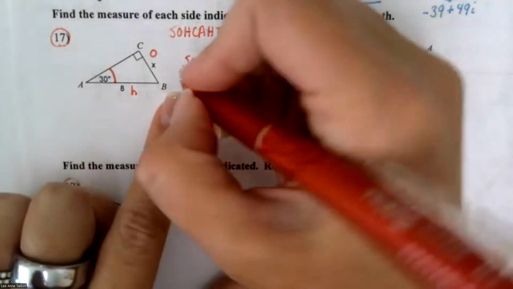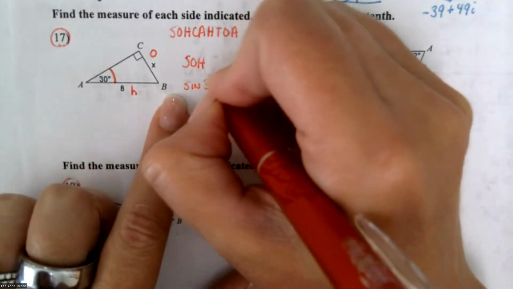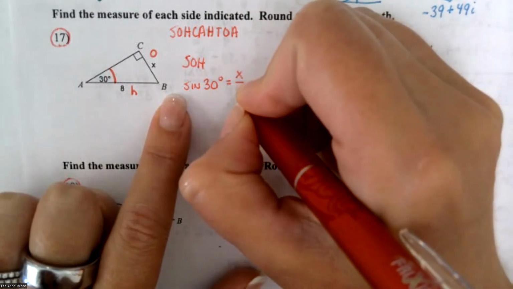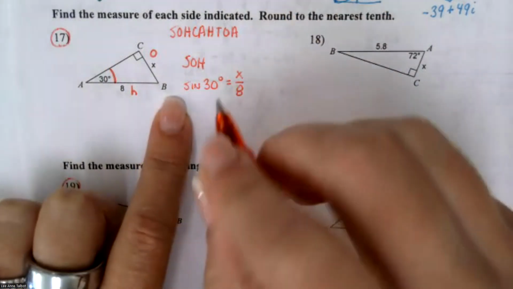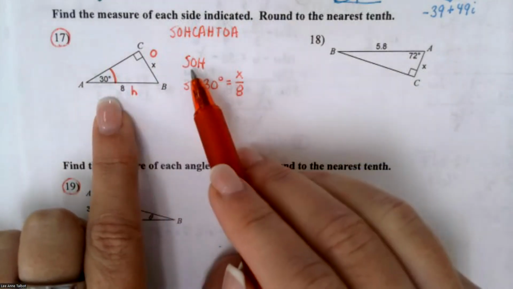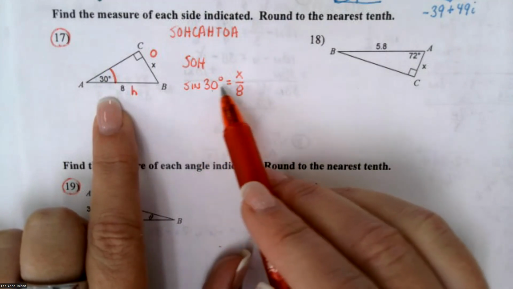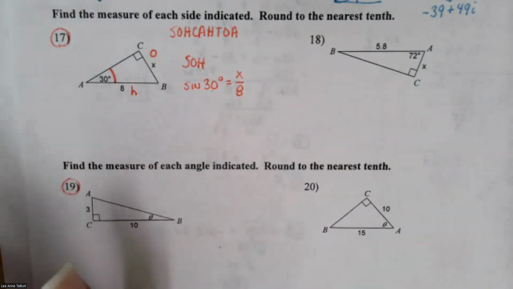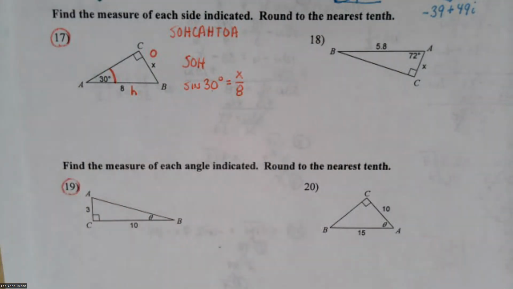Okay, and this is how you set it up. Sine 30 degrees equals opposite over hypotenuse. So SOH means sine is opposite over hypotenuse. Okay, now on the quiz, it's very specific.